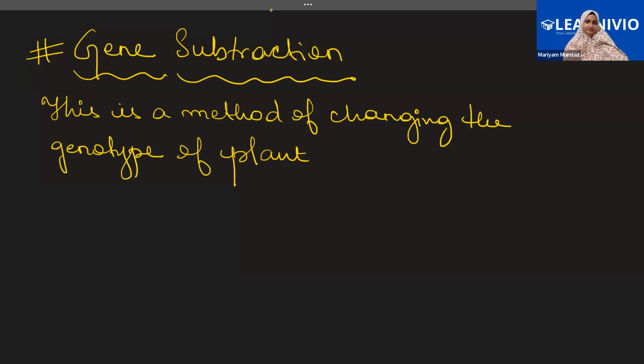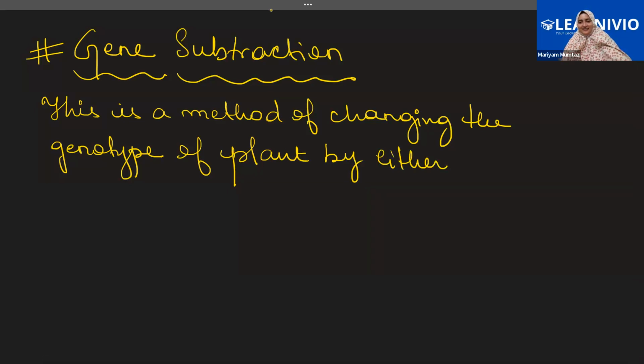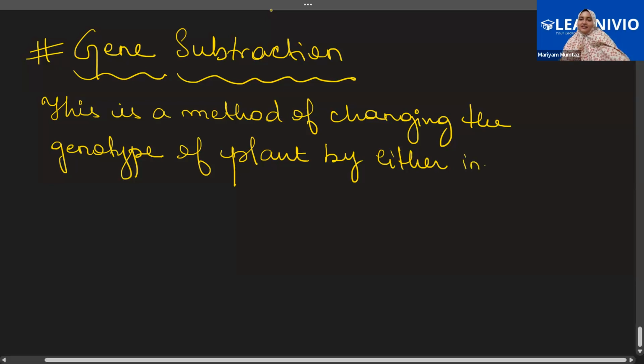How many of you remember the central dogma? Transcription and translation. Yes, translation. Translation is the protein synthesis mechanism.